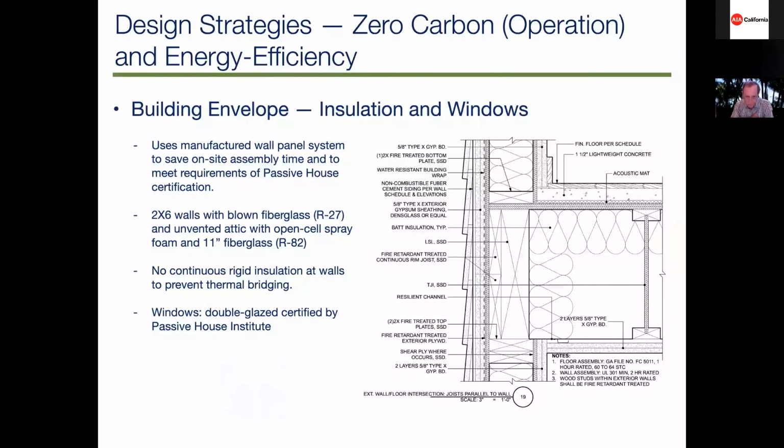And again, there was no continuous rigid insulation at the walls because it's being made in panels, and there was some consciousness of cost in this. So we thought that would be too costly with a manufactured panel approach. So he didn't do it. He opted for double glazed, certified Passive House windows because he wanted to get the certification from Passive House for the zero net energy performance of this building.